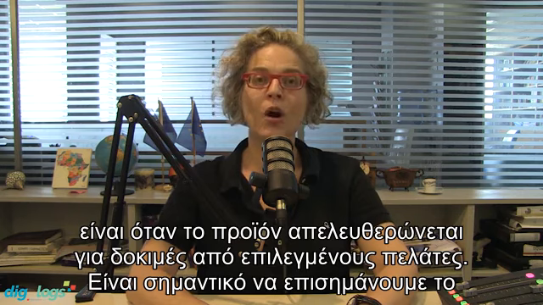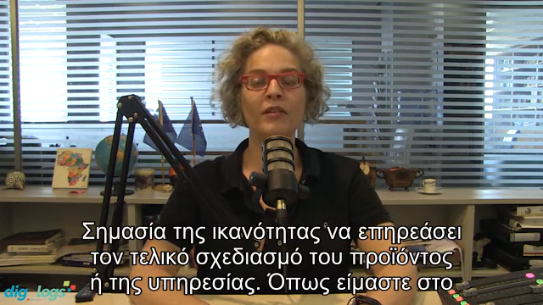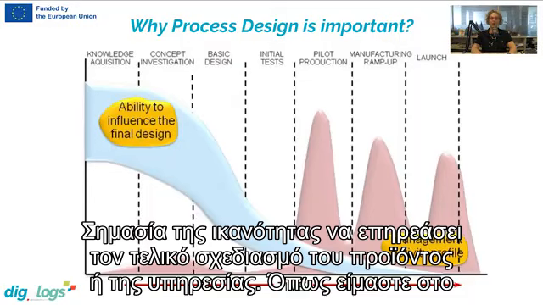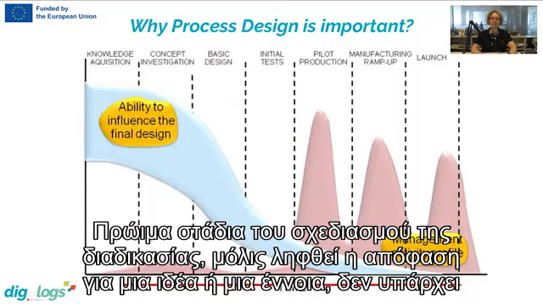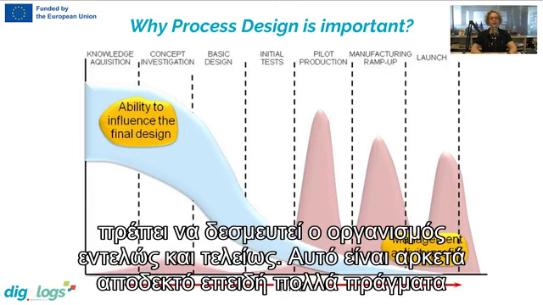It is important to highlight the ability to influence the final design of the product or service. As we are in the early stages of process design, once a decision is made about an idea or a concept, there is no need to commit the organization totally and utterly.